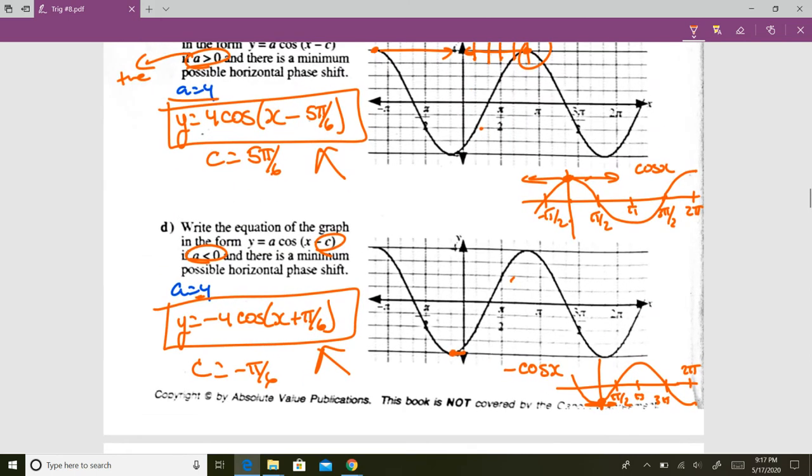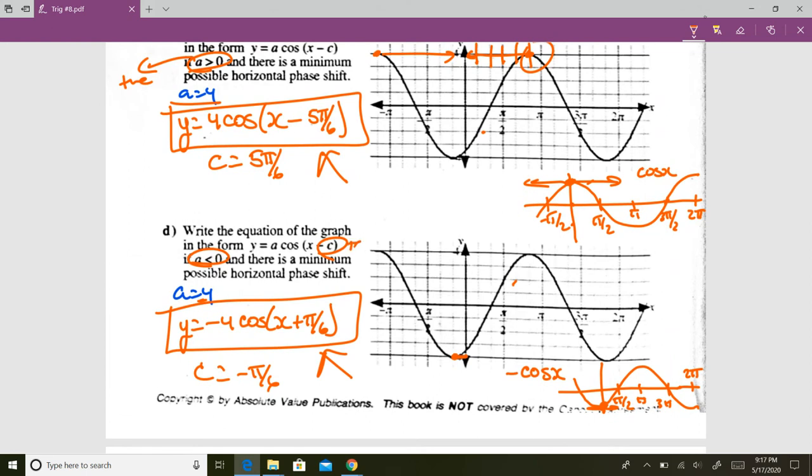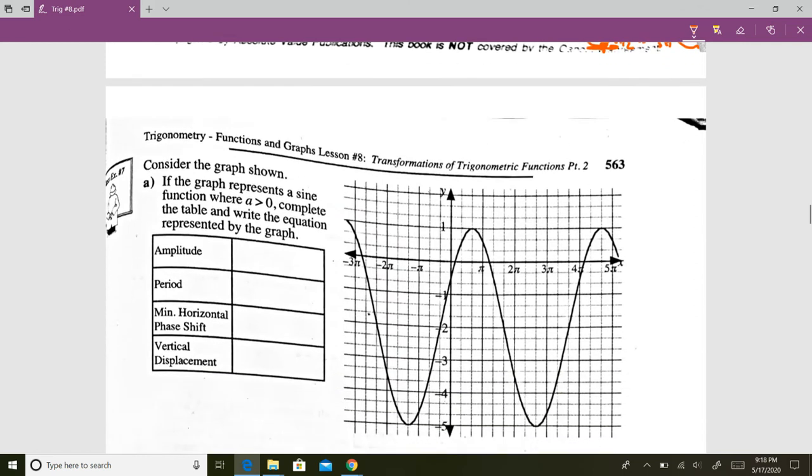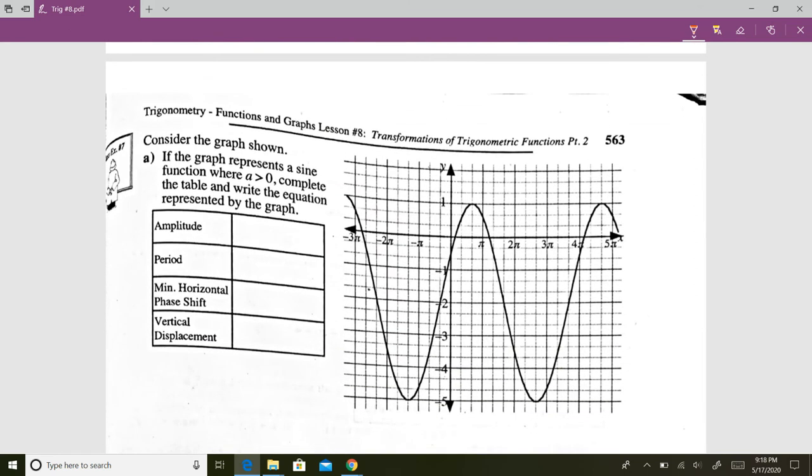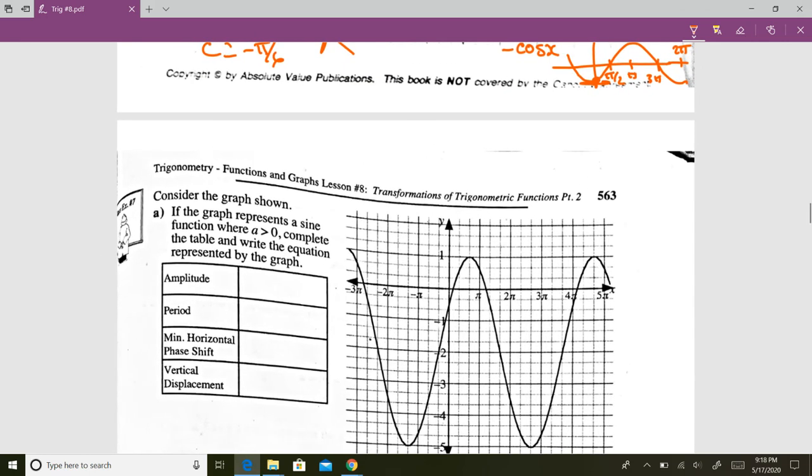Because in these ones, we had no d value. There was no d. D was equal to 0. Okay? This one has d, but d is actually easy. The only hard letter to calculate is c, the phase shift, left and right, the horizontal phase shift. Remember, our a value is max minus min over 2.